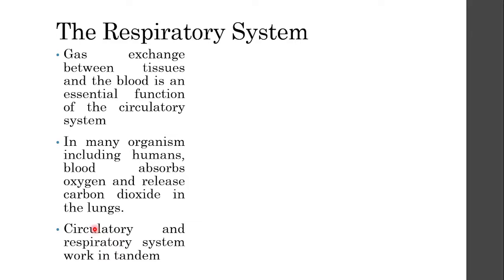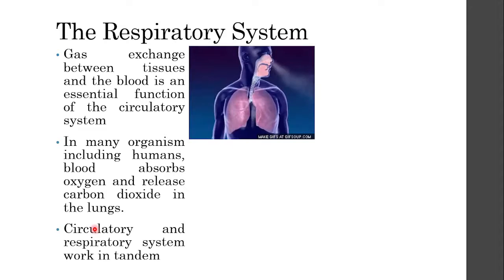So first, let's talk about the physics of breathing. How do we breathe? When we breathe, we use various organs in our body, such as our lungs. The major parts of our respiratory system are the nasal cavity, the trachea, and the lungs.